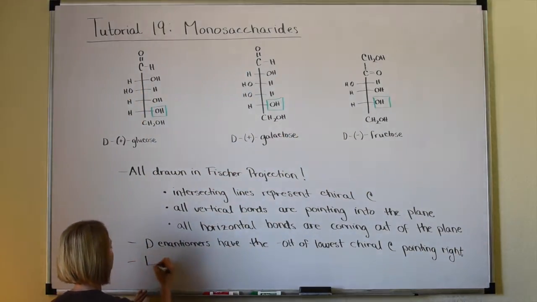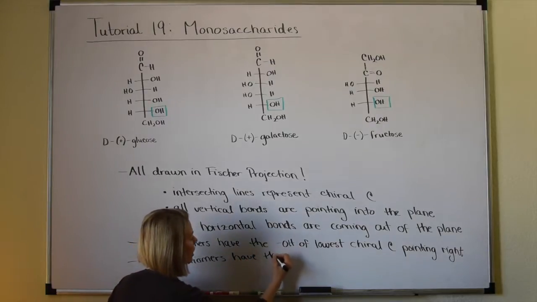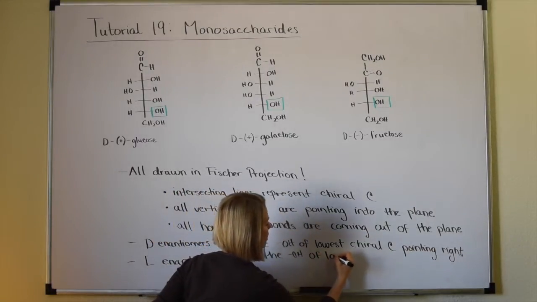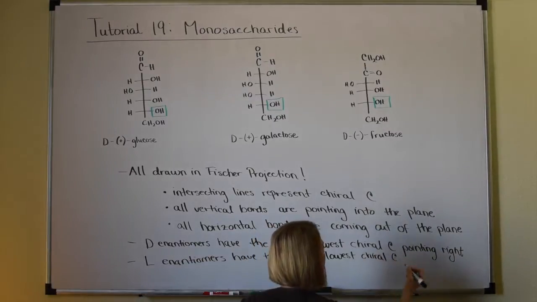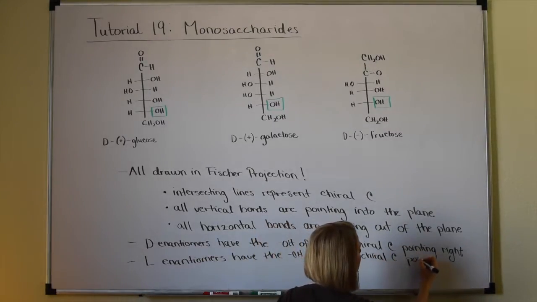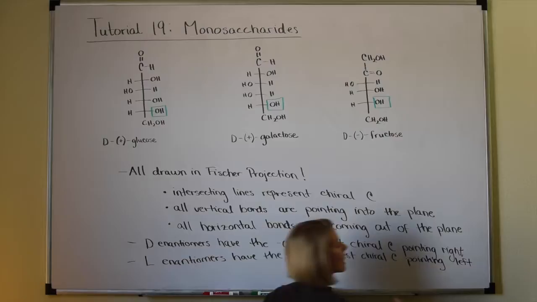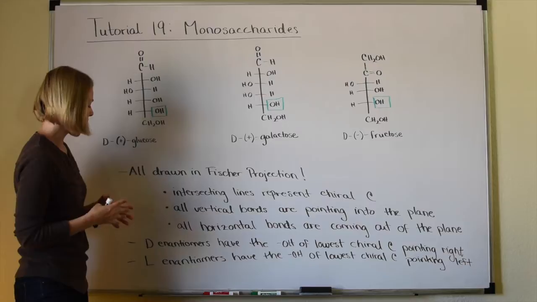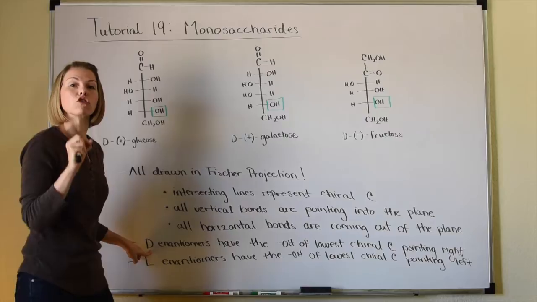The L enantiomers have the hydroxyl group of the lowest chiral carbon pointing to the left. Or levo.